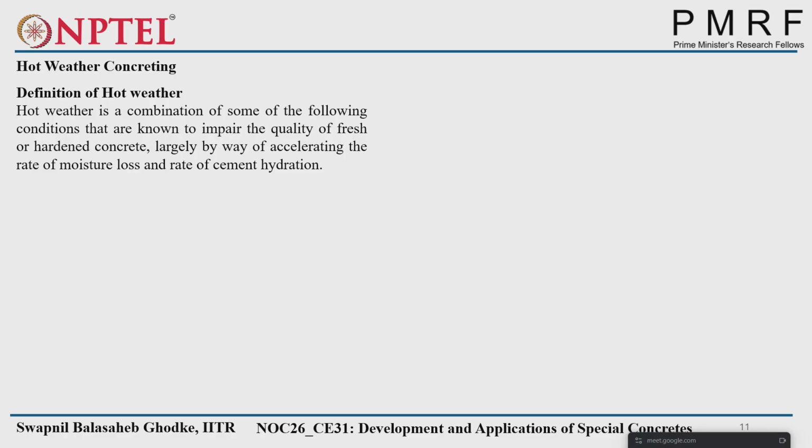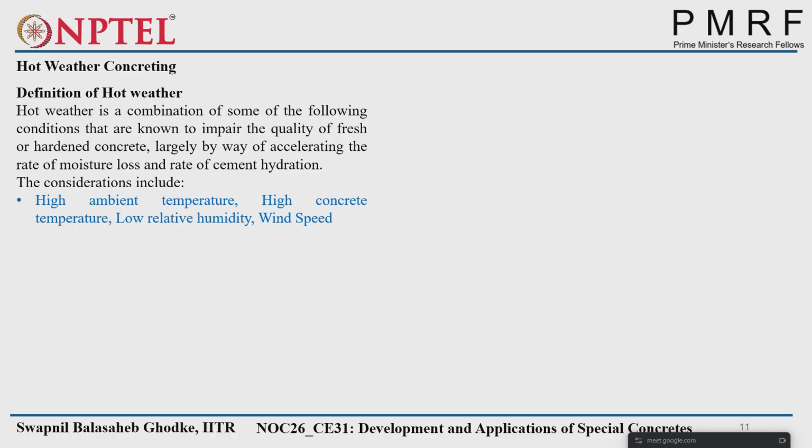So hot weather is a combination of certain conditions which have a certain impact on the fresh concrete as well as the hardened concrete. What happens, as someone said, is that acceleration will be faster, and at the same time moisture evaporation will be faster, right?